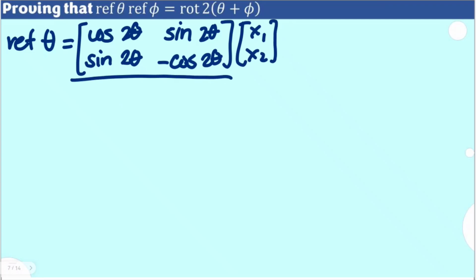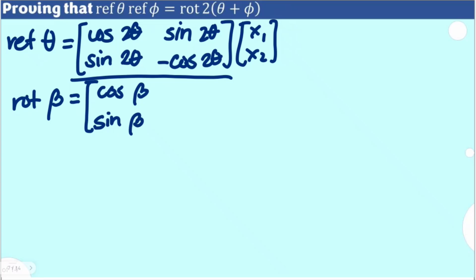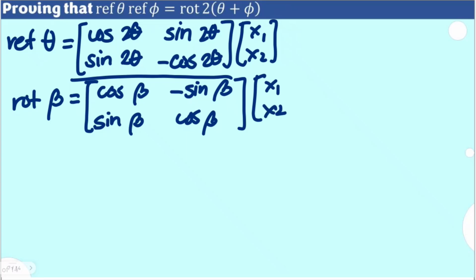Similarly, for the rotation, let's just use beta so you will not be confused with the notations later on. If it's a rotation, we don't have twice, so it's just beta: cosine of beta, sine of beta, negative sine of beta, and cosine of beta, again for x sub 1 and x sub 2 if necessary.